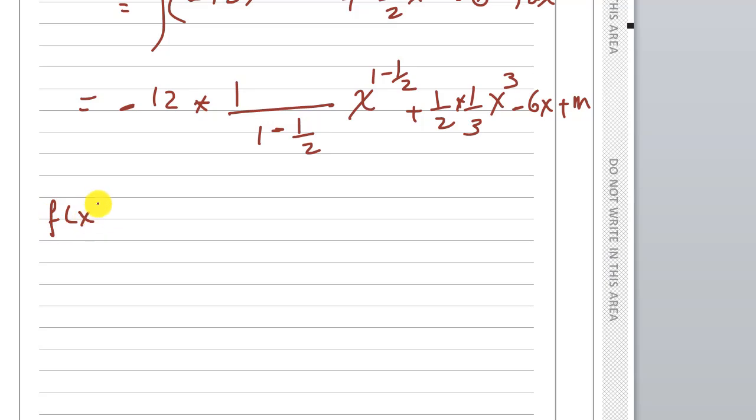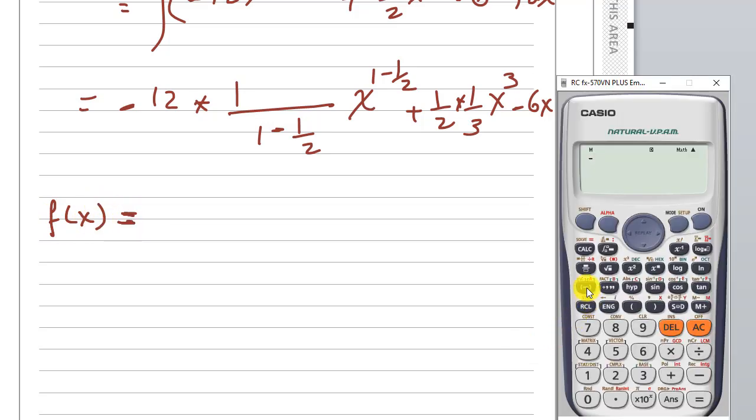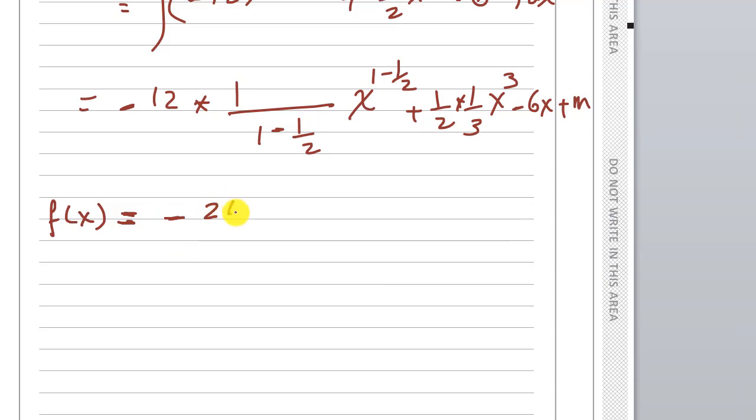So f of x is equal to minus 12 divided by half, so minus 24. Minus 24 x power half plus 1 over 6 x power 3 minus 6x plus m.